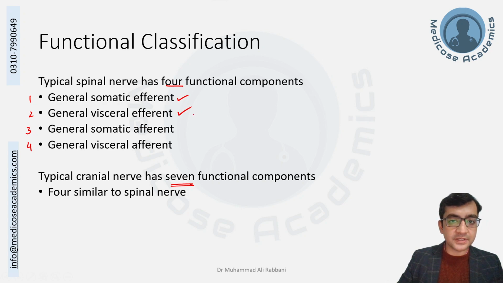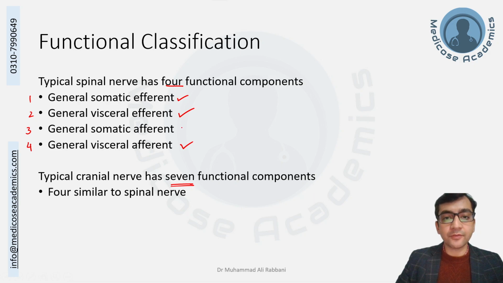These will be general visceral afferent. I just gave the example of general visceral afferent. General visceral efferent will be, let's say, the parasympathetic outflow that gives the salivation signal, that gives the tears, the lacrimation signal. Those will be general visceral efferent.